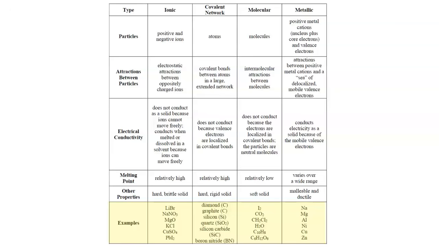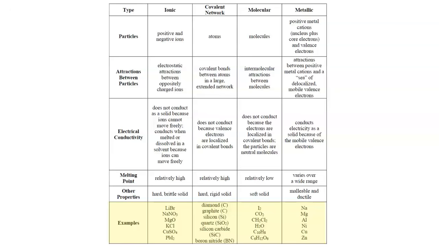These are the 4 types of solids: ionic, covalent network, molecular, and metallic. I'm showing you at the bottom of this slide some examples of each of the 4 types of solids. Let me talk about the general features of how you can recognize the type of solid by looking at the chemical formula.